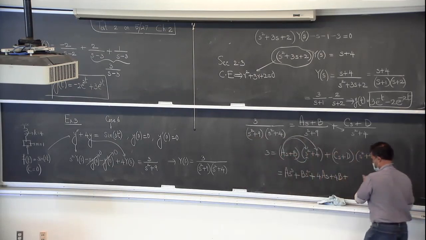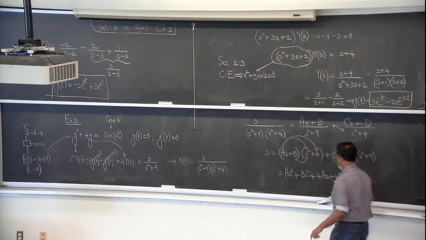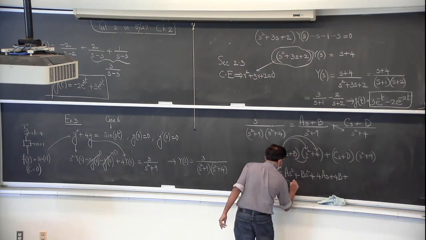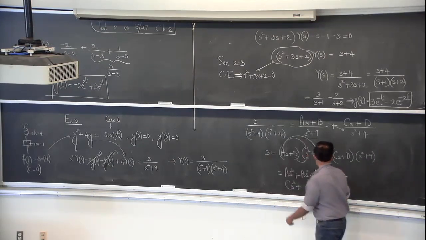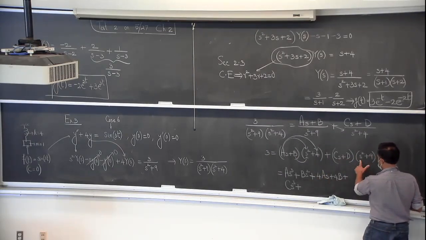So I'm just keeping the terms in decreasing order of degree. And then you have c s to the 3 plus d s square plus 9c s plus 9d.